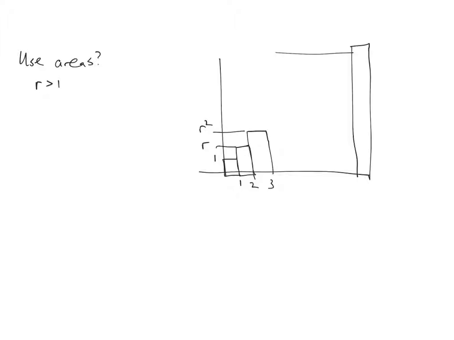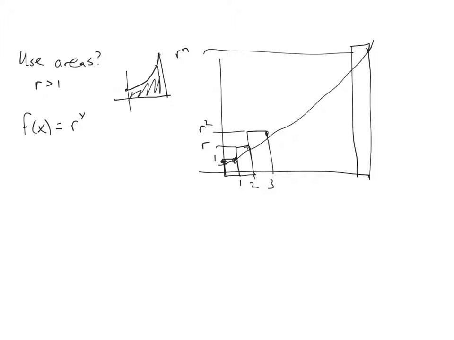The nth one has height r to the n. So if we're adding up all these, and of course my scale doesn't work, but you know, an exponential function grows incredibly fast. So the point is, what's the area under this curve roughly? Because if we take the curve that goes through the right-hand endpoints, more or less, that function we can use is f of x equals r to the x.